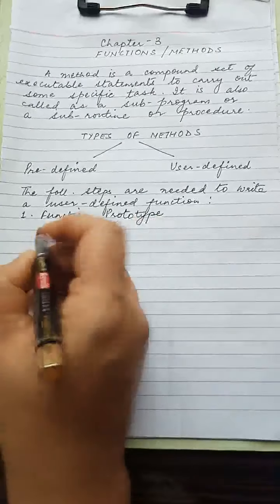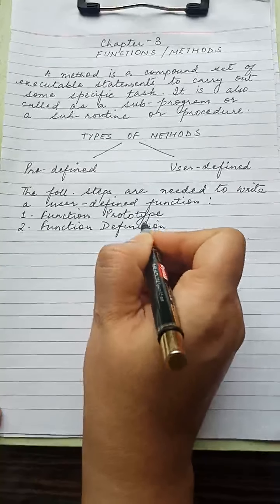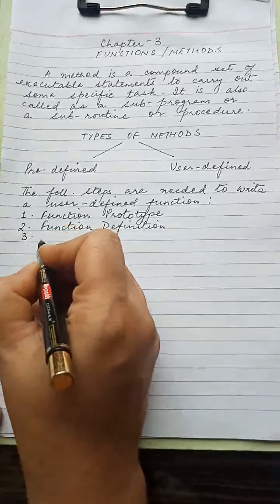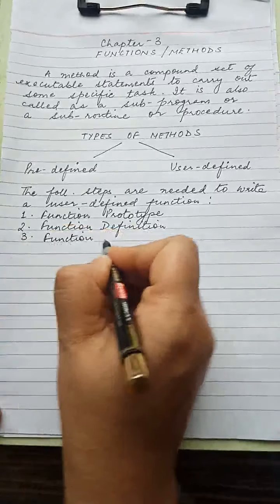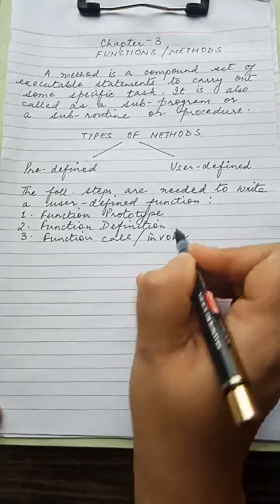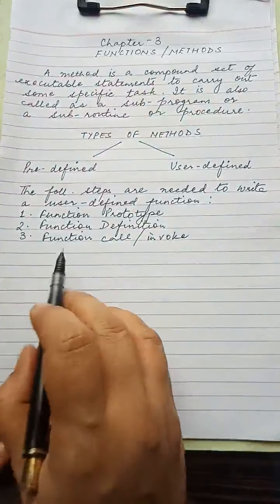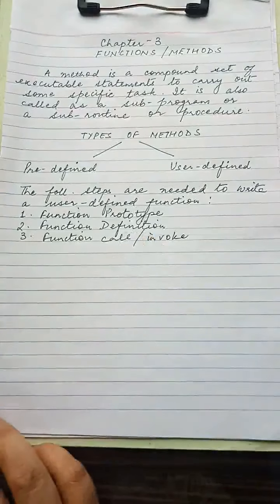Second, the function definition is to be given. And third, the function call or invoke is to be given, the function call statement or the function invoking statement. These are the three steps which are to be followed.